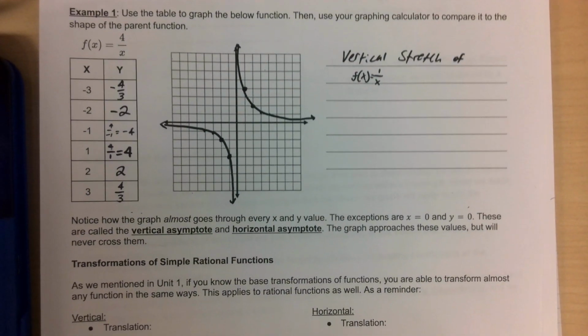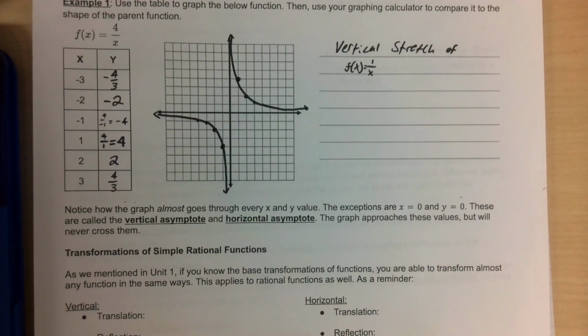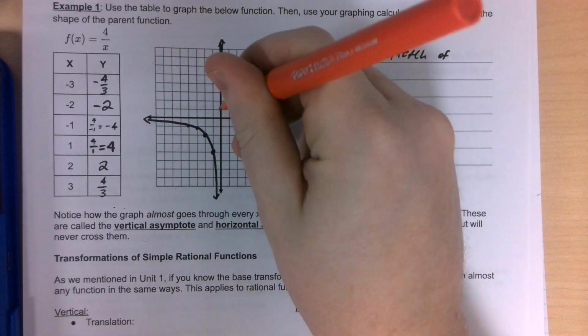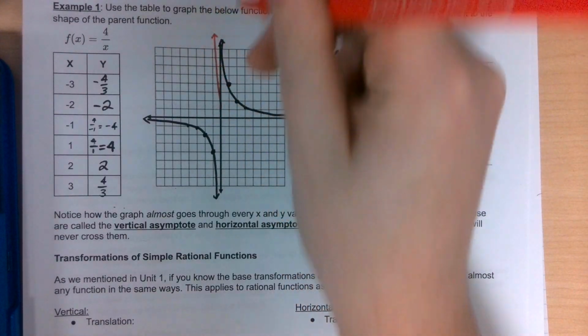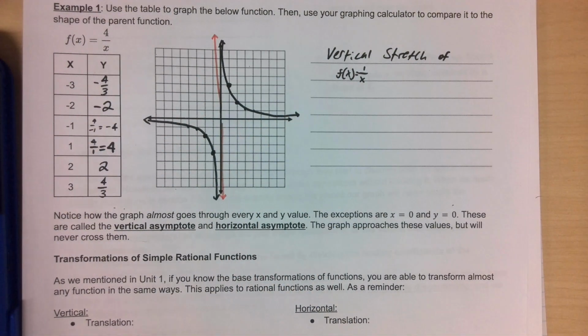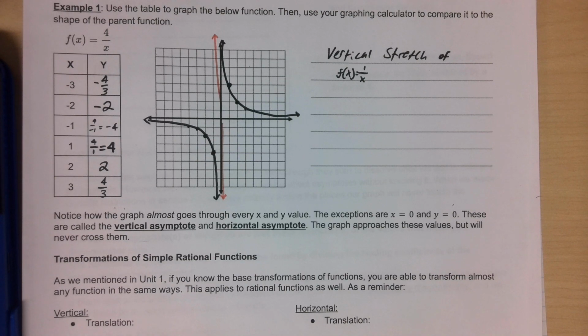Now, notice how our graph goes through almost every single x and y value. If we look at the y values, we see that this graph is going to go up and up and up forever, and this part is going to go down and down and down forever. But there's one place where it's never going to touch.